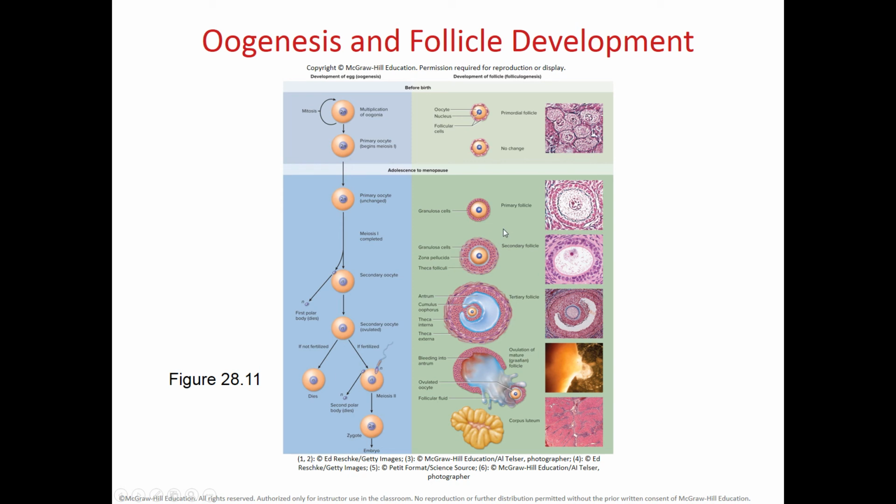They will have this large size, and the granulosa cells that surround these primary follicles, or these primary oocytes, will become 2 layers. And then you also will secrete a membrane that is called the zona pellucida.